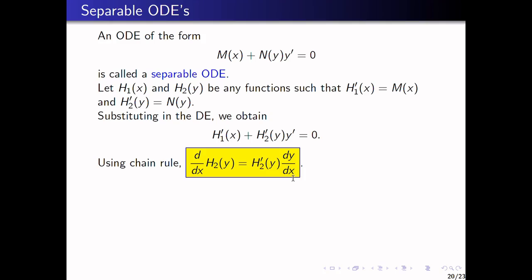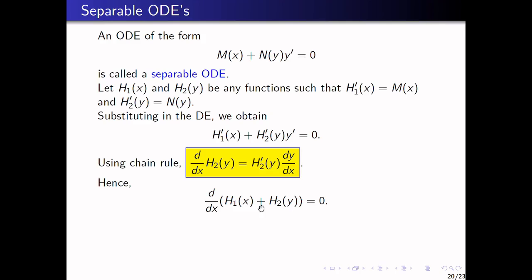That is the chain rule. So what is appearing on the right of this yellow box is the term that is there in this differential equation. So we substitute this expression from the yellow box into the above equation. What we get is d/dx of h1(x) plus h2(y) is equal to 0.